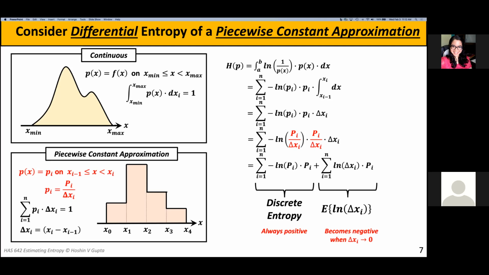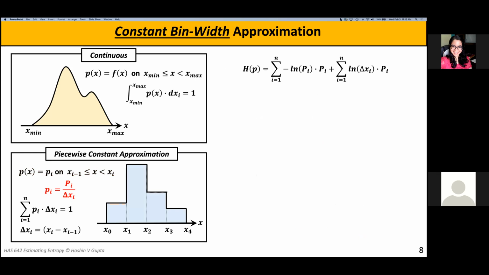So the first term is discrete entropy, which is always positive, and the second term is the expected value of the log of the bin spacings. So I'm using a generic bin spacing. I'm not assuming constant width, right? So whatever the bin is, if you know the probability mass in that bin, you take the expected value of the log, okay? So the first term is always positive, and the second term, remember we're working with differential entropy now, right? A continuous probability distribution just happens to be piecewise continuous. The second term, when delta becomes small, can become negative. And that's why differential entropy goes from negative infinity to plus infinity, okay?